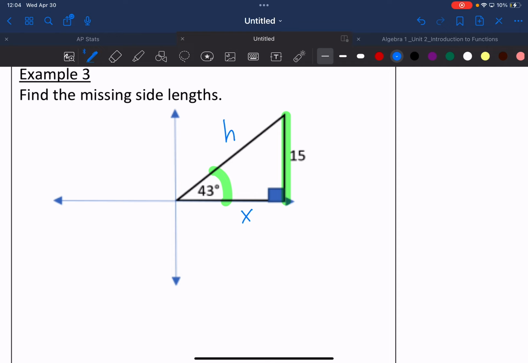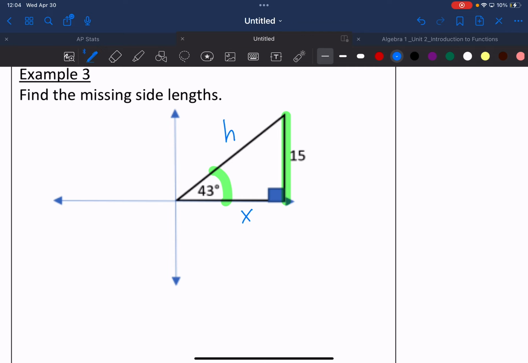So, looking at our angle of 43 degrees, if I want to find X first, X is adjacent or opposite of the 43? Adjacent. And then I'm only given the leg of 15, and 15 is opposite or adjacent?